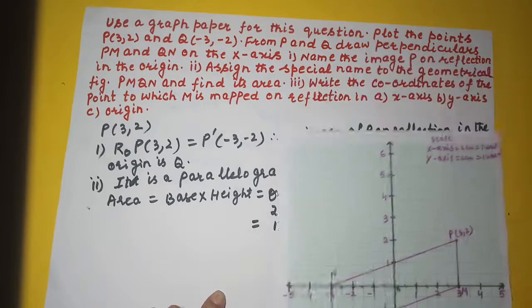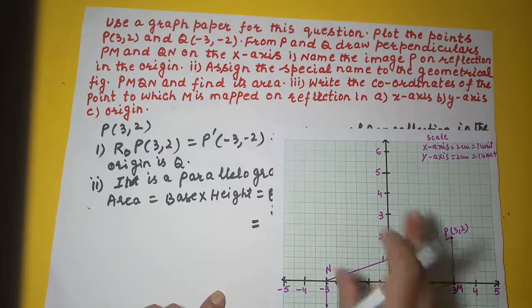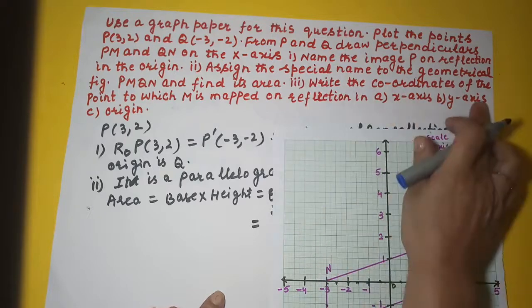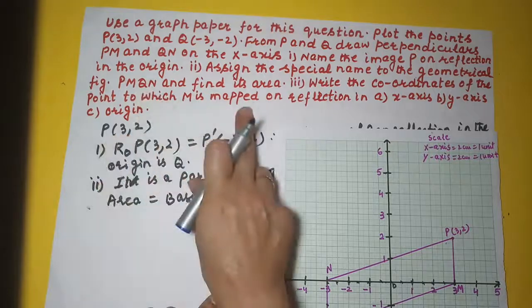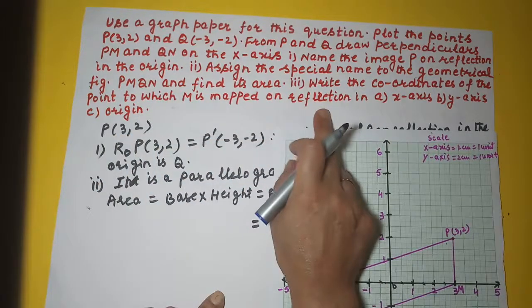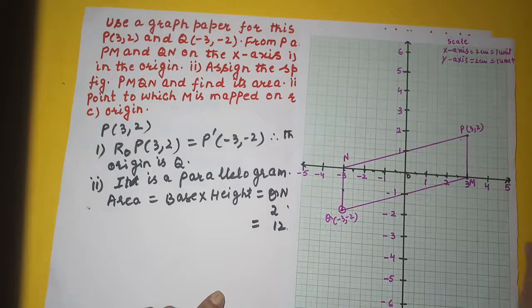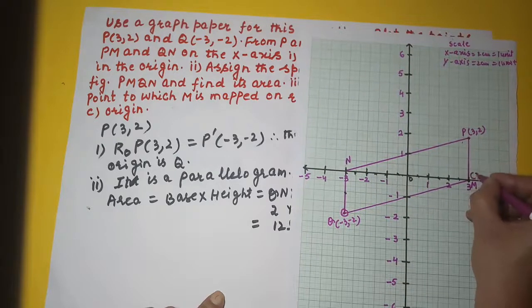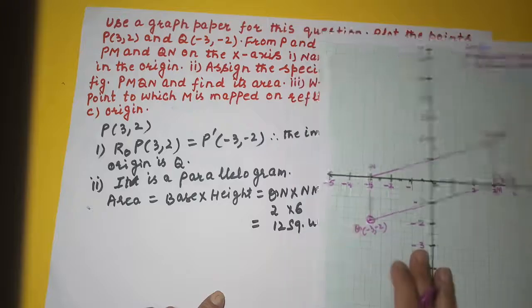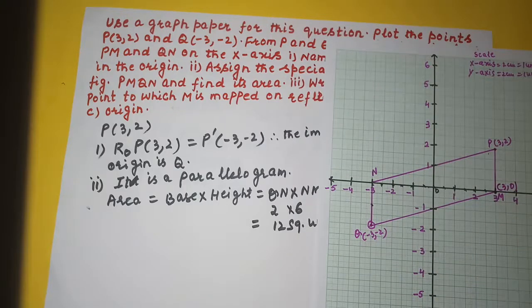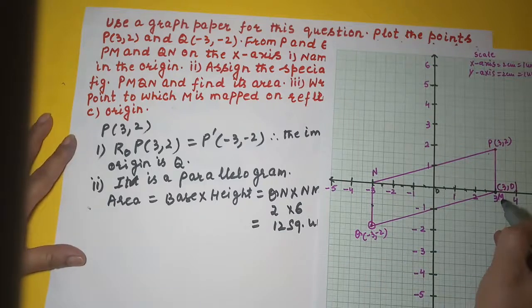Right? Okay. Then he's asking us, write the coordinates of the point to which M is mapped on reflection in x-axis. Okay, tell me what are the coordinates of M now? Coordinates of M are (3, 0). Now we have to find the reflection of this M in x-axis, y-axis and origin.